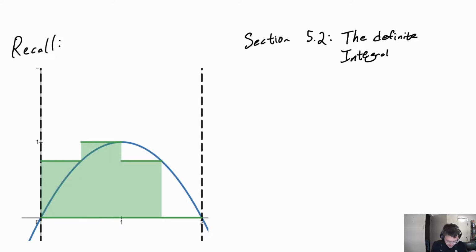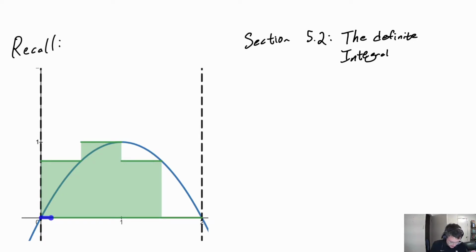The way we would do that is we would divide this interval into multiple subintervals. In this case, I have it divided into 1, 2, 3, 4 subintervals. And on each subinterval, we would draw a rectangle whose height was the value of the function at either the right endpoint, or possibly the left endpoint, or possibly the midpoint of the interval.